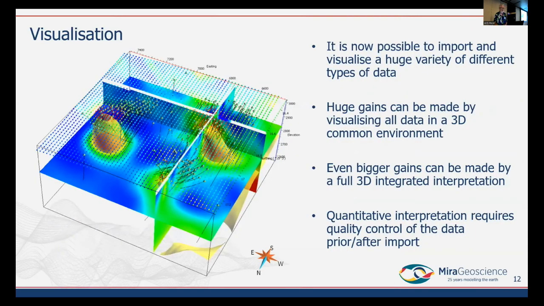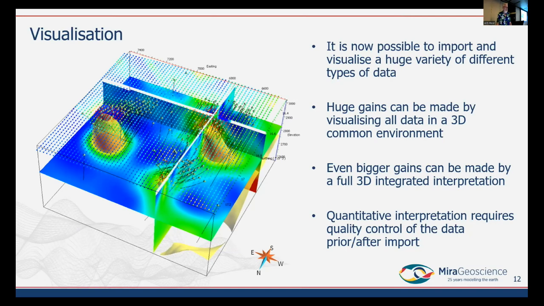So it's now possible. There's lots of different software packages that will import and visualize a huge range of different types of data. You can gain a lot just by bringing all your data together into one visualization, but you can gain even more by interpreting it all together in the 3D environment with a team of experts in the various types of data.